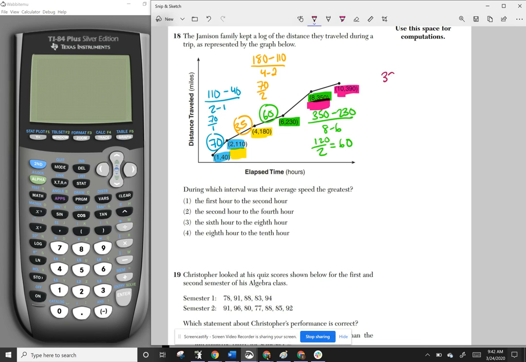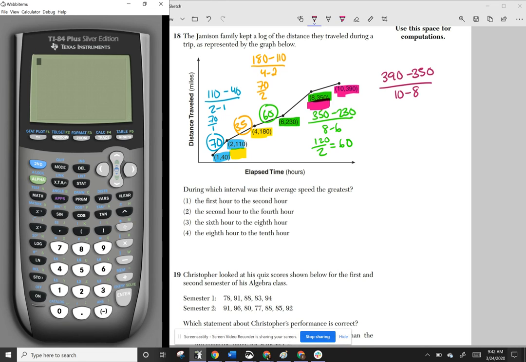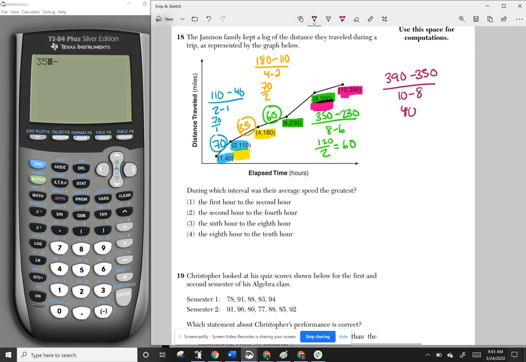So we're going to get 390 minus 350 divided by 10 minus 8. 390 minus 350, we just get 40. Sorry, brain fart there, guys. 40 divided by 2, we get 20. So this is 20.